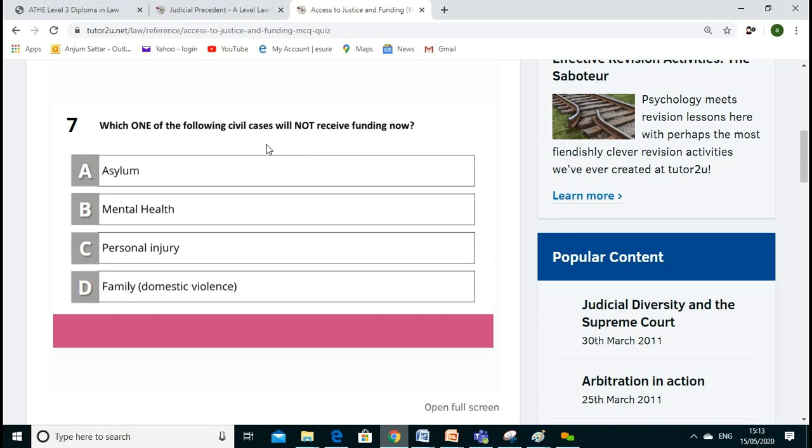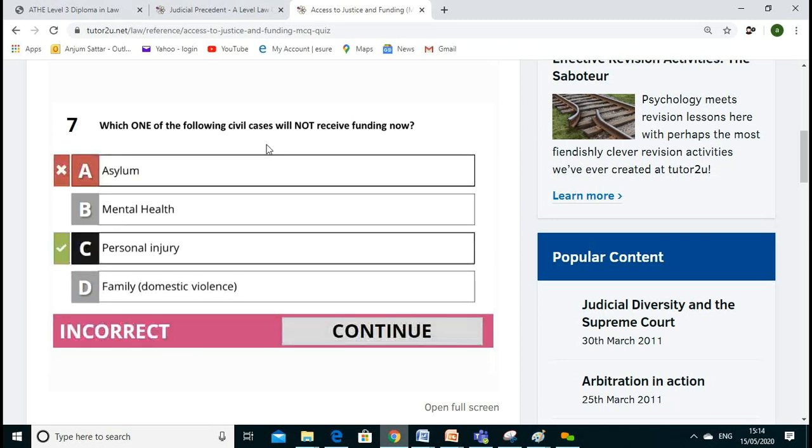Which one do you think? Maybe asylum? Okay. Personal injury, yes. If you're injured, that's not covered, you challenge in the court. That's why, when you buy car insurance, you get legal cover.